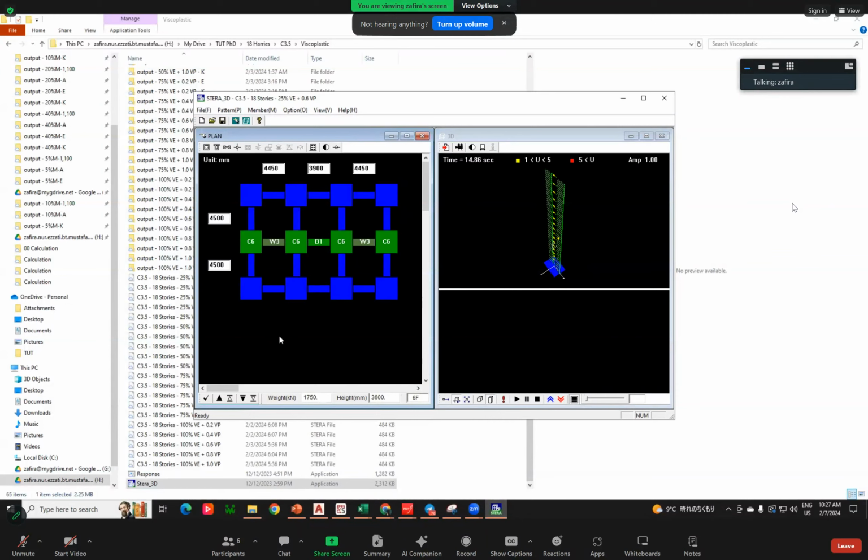Go down, click the middle part, go up, click the middle part again, second, and go up until the top. And then output.